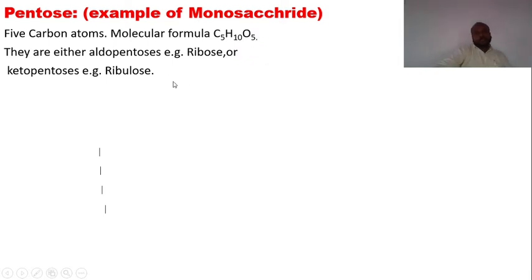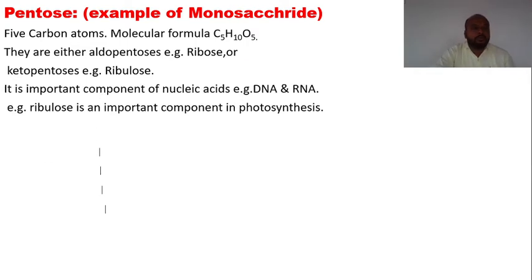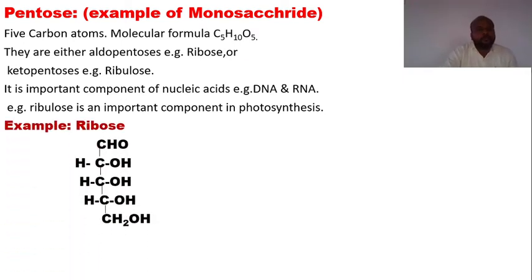They are either aldopentose or ketopentose. There are two examples, ribose and ribulose. You know the ribose is an important constituent of DNA and RNA. That means ribose is found in nucleic acids, and ribulose is an important component in photosynthesis.